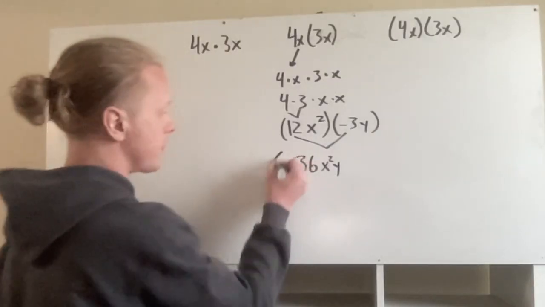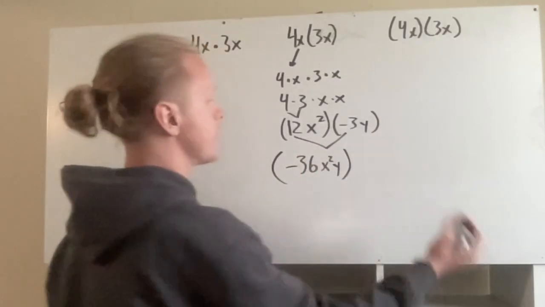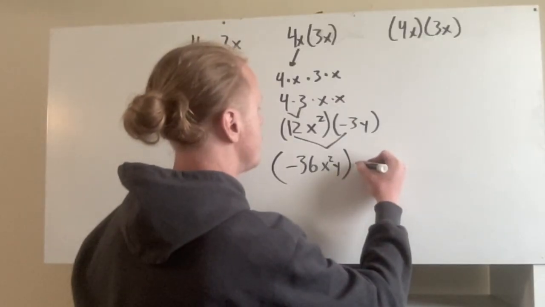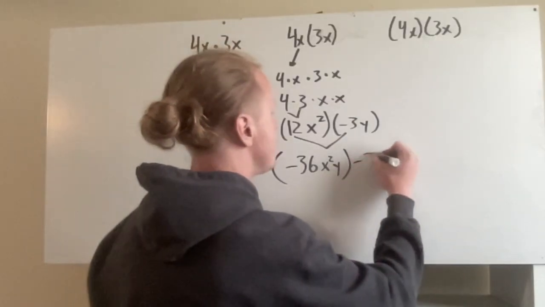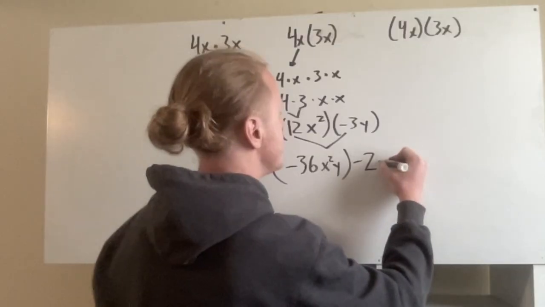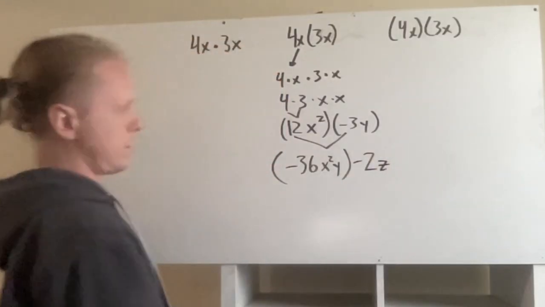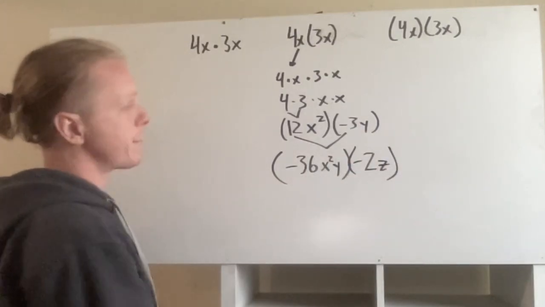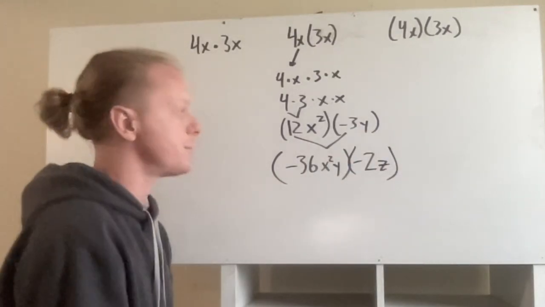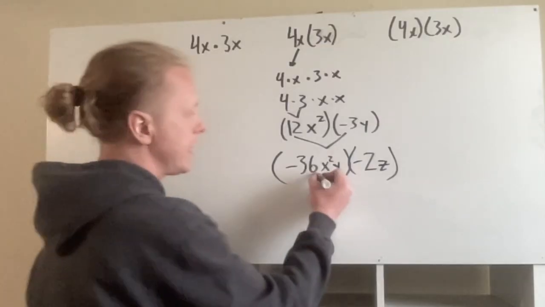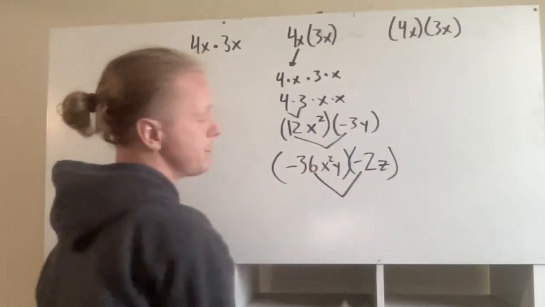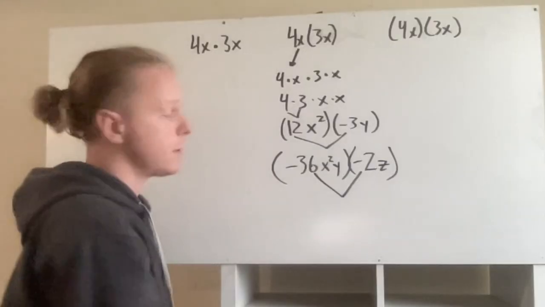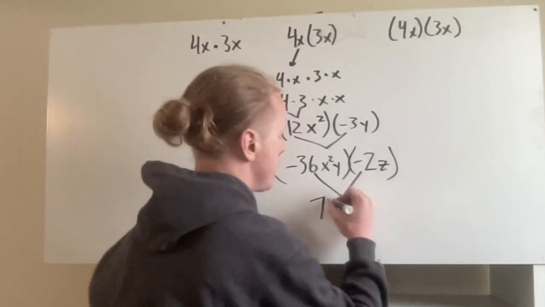Let's take it one step further just to make sure we're seeing what's going on here. Let's do times negative 2z. Okay. So negative 36 x squared y times negative 2z. Well, negative 36 times negative 2, that's going to be a positive 72.